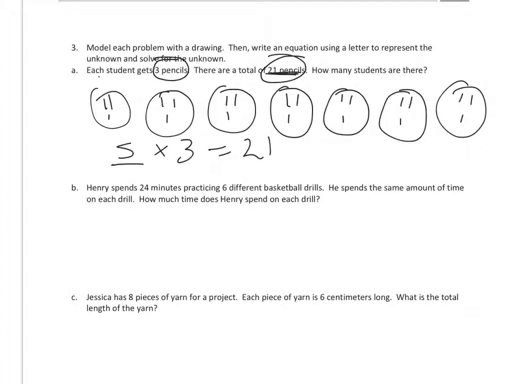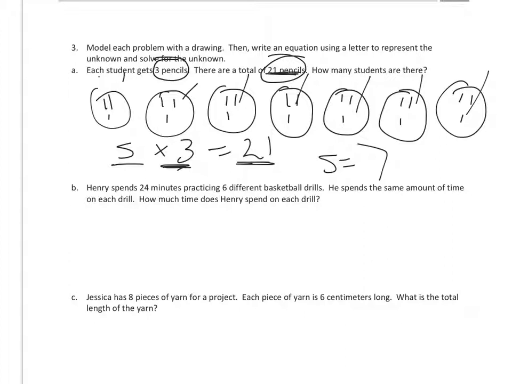Now how many students do we have? We need to solve that for S. We have 1 student, 2, 3, 4, 5, 6, 7 students. So S equals 7. S was the unknown. We didn't know how many students. Each of them gets 3 pencils, and that gives us a total of 21 pencils. 7 students with 3 pencils each gives us a total of 21 pencils.